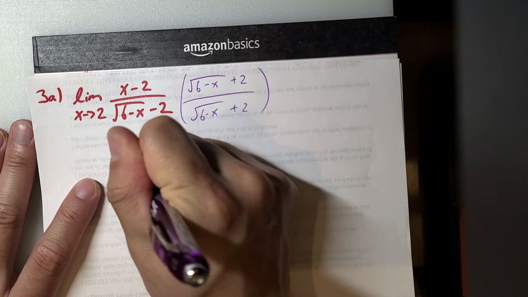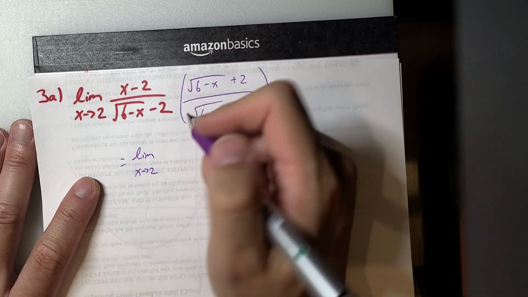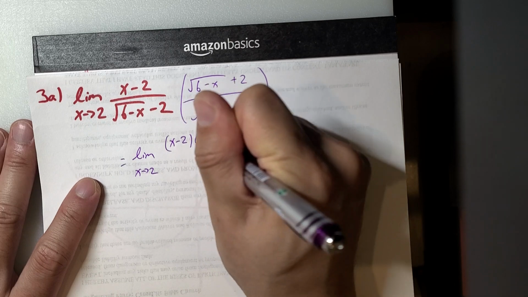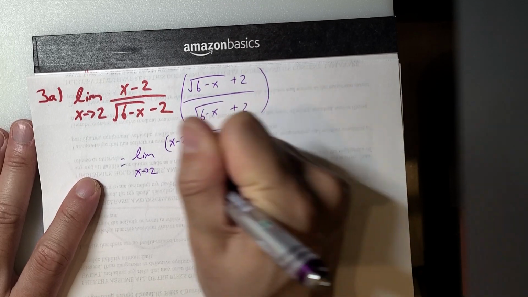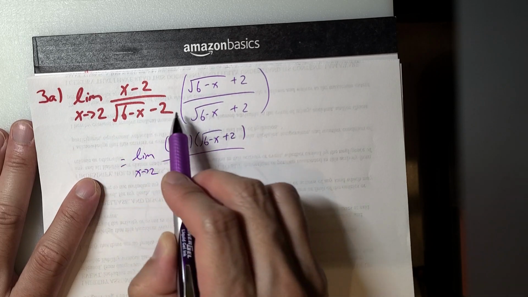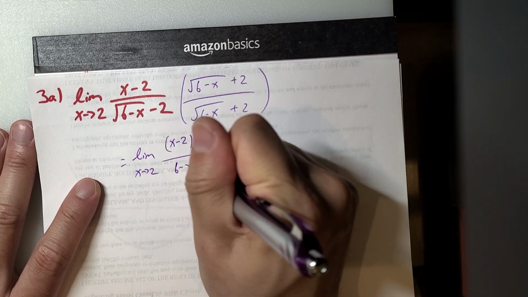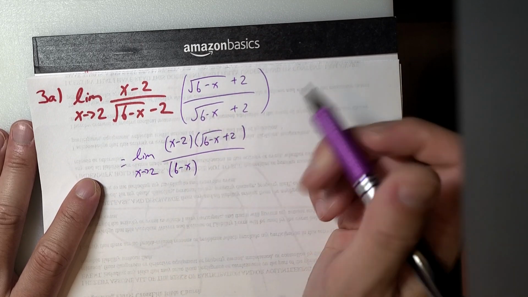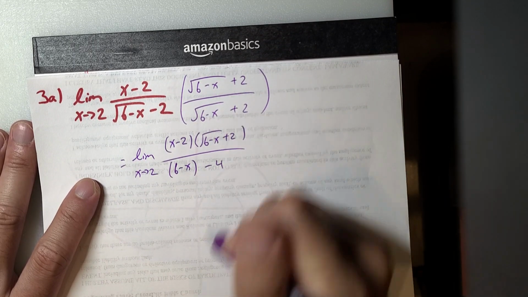Limit as x goes to 2. Notice I don't drop the limit sign still. Let's leave the top alone. We have this over, when we FOIL this out, the square root squared means the square root goes away. Plus 2 square root minus 2 square root, those would cancel. We're left with minus 4.